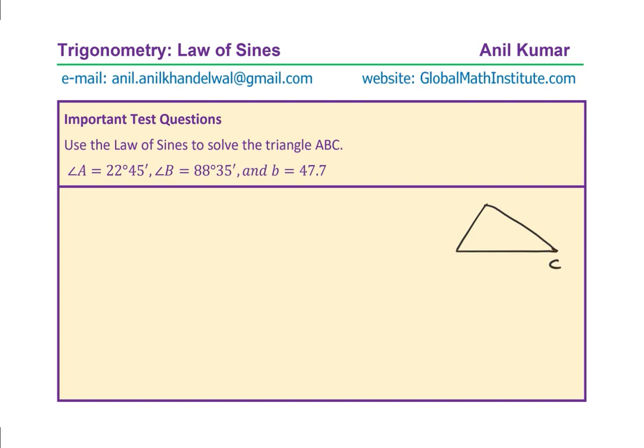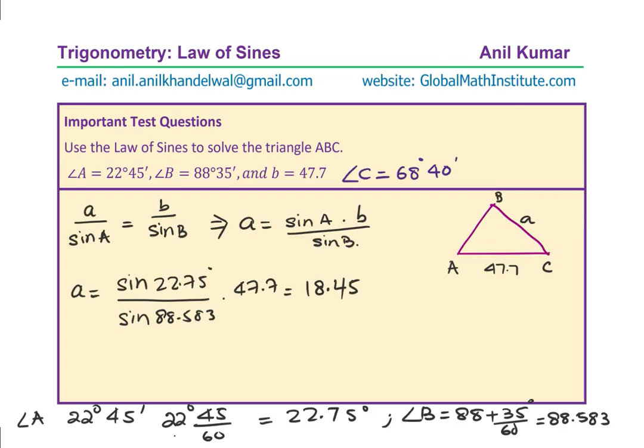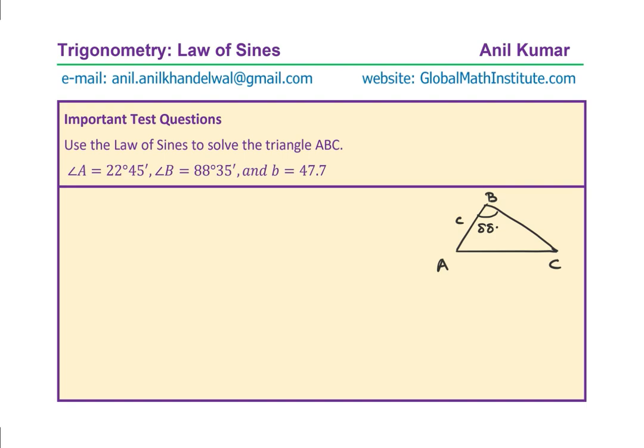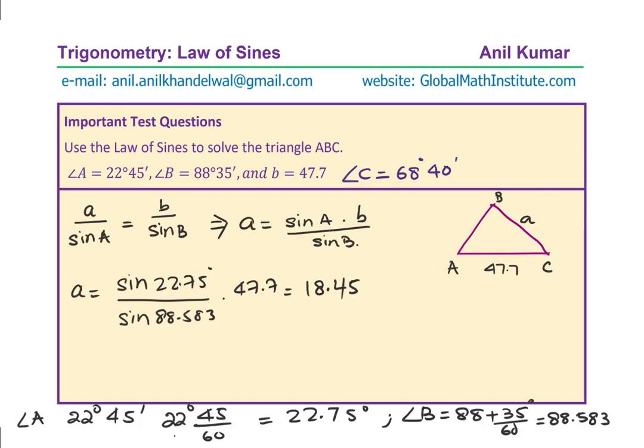We'll now find side c from the given combination of angle B being 88.583, which we just worked out, this side being 47.7, angle A being 22.75, and angle C being 68 degrees 40 minutes.